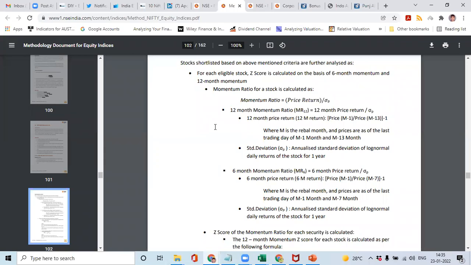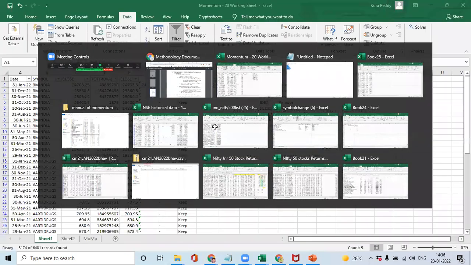Annualized standard deviation means you calculate log changes, you get a number and you annualize it. How do you annualize it? Multiply by square root of 12. That's it.